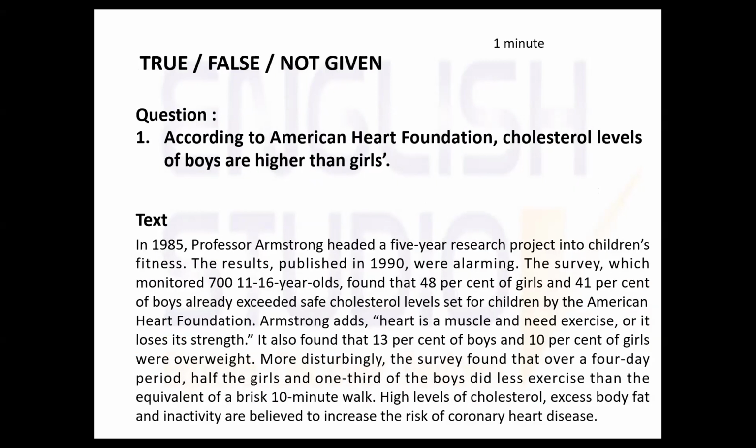Here we have a true, false, not given question. You have 1 minute. Start now. Mr. Harris, good job. 20 seconds left.